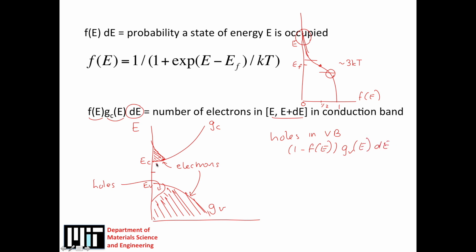Because in an intrinsic material, we know that n equals p, so the number of holes and the number of electrons has to be the same. There's the same number of holes in the valence band as electrons in the conduction band.